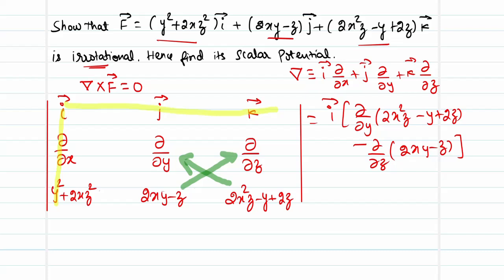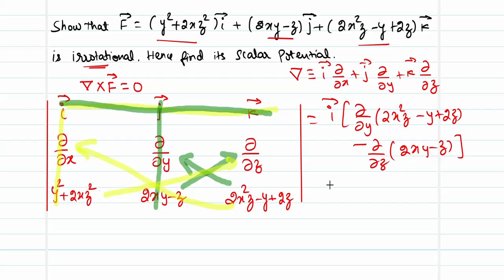Now coming to the j component. How to move on with the j component? What we'll have to do over here is hide this j vertically and hide the j horizontally. So whatever is left out, that has to be done with the cross multiplication. What is the left out quantity? This with this. Now do the cross multiplication of these two quantities.